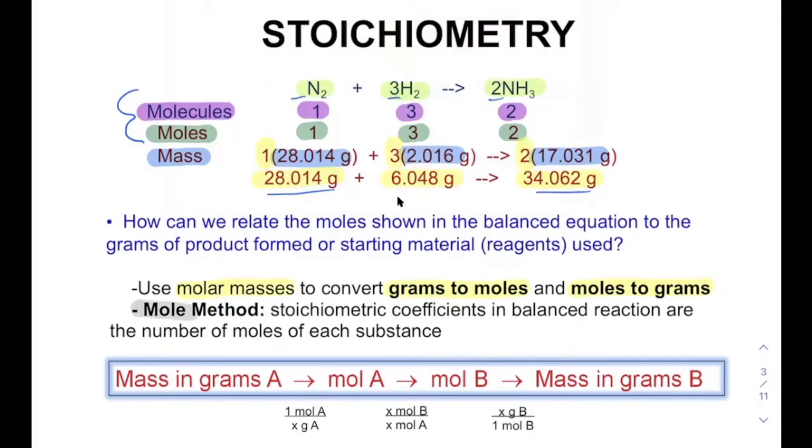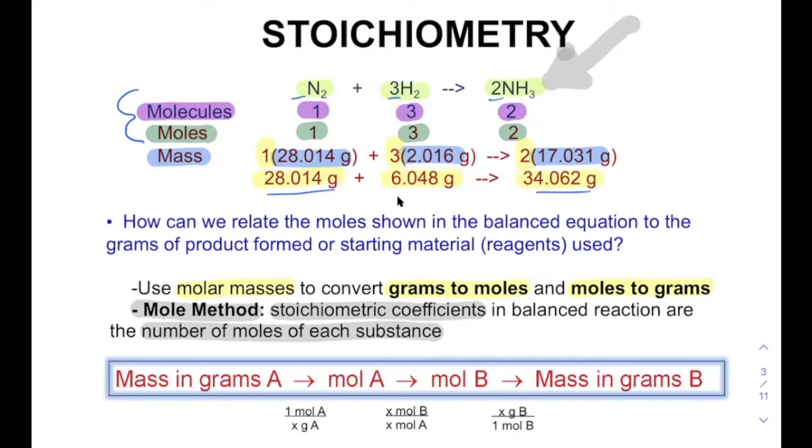The mole method lets us know that the stoichiometric coefficients in a balanced chemical reaction are the number of moles of each substance. So we're going to call that our mole to mole ratio.